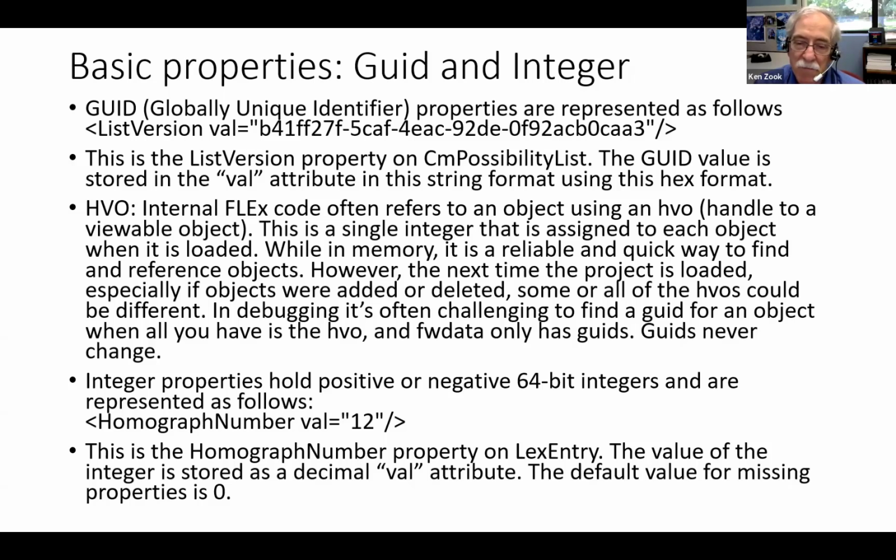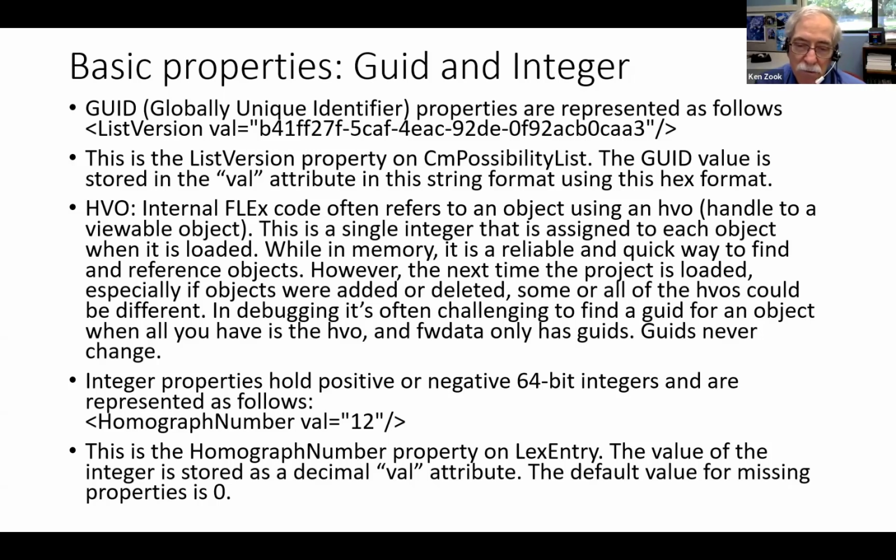In debugging, it's often challenging to find a GUID for an object when all you have is the HVO, and FW data only has GUIDs. The HVOs are not stored anywhere. GUIDs never change, but HVOs can change, but not when you're in one run of the project.